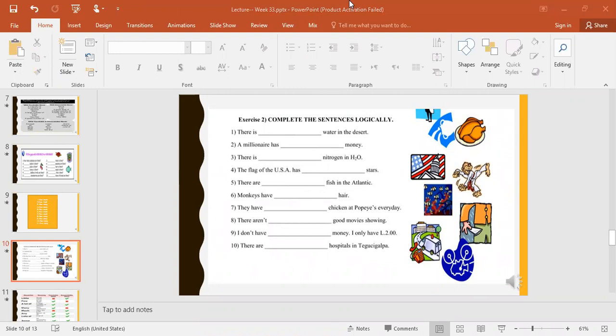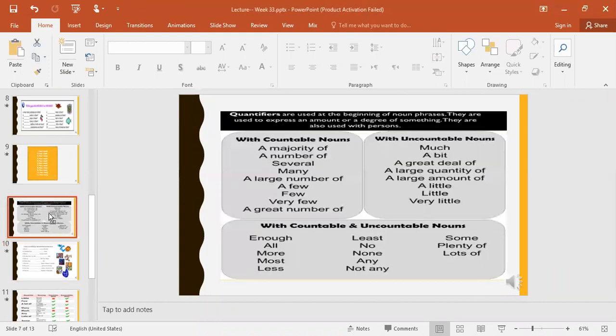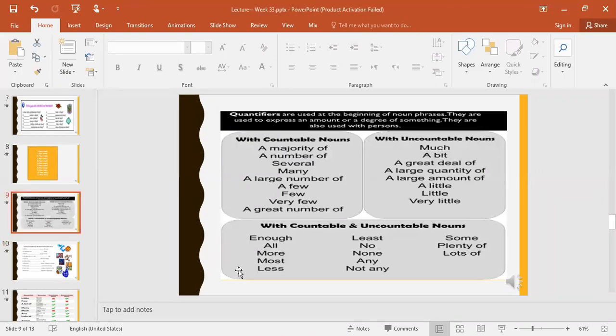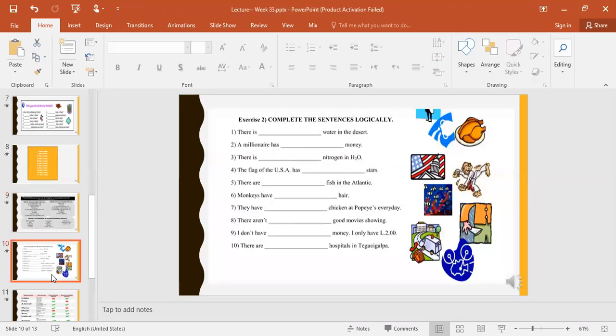I don't think so. No. Okay, let me explain this exercise. This exercise is very interesting, by the way. I'm just going to move this here because we're going to use these together. In this exercise, they're asking you to complete the sentences logically.